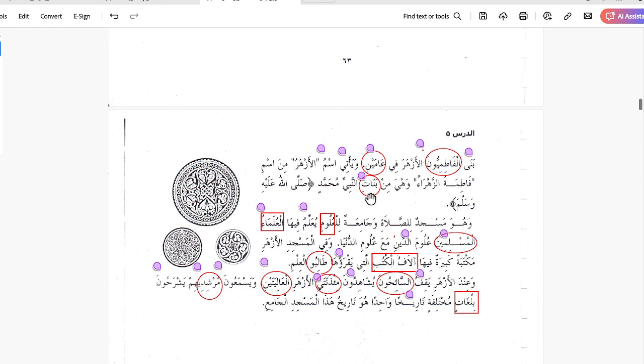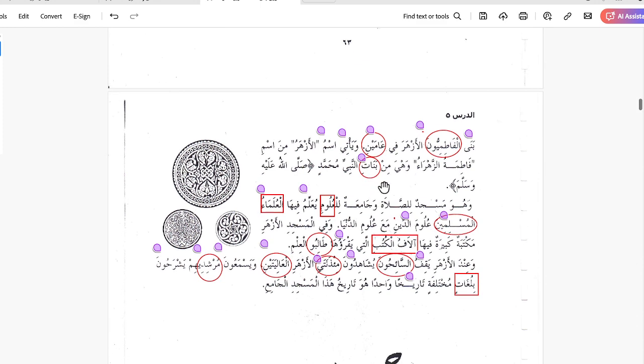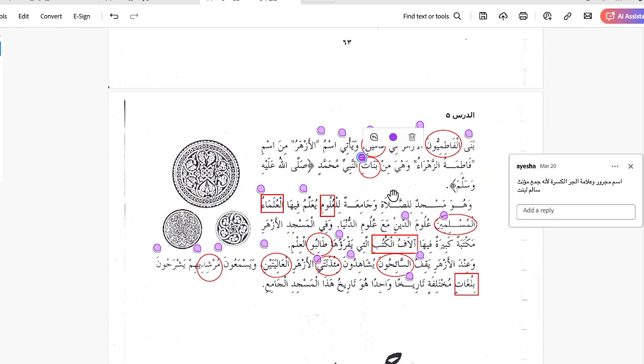So binat is bintun, binatun, and min is a harf of jar, so that is why binat is binati here, because it is ism majroor. And it is jama muannas salim, which takes atu or atun or ati or atin. So ism majroor lamatul jarri al kasra li'annahu jama muannas salim li bint.